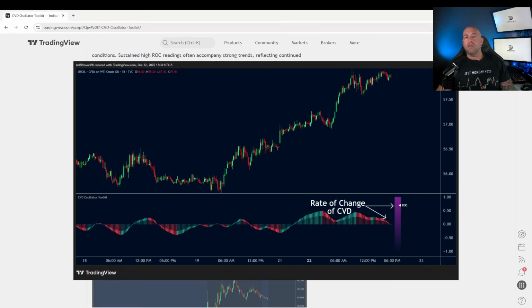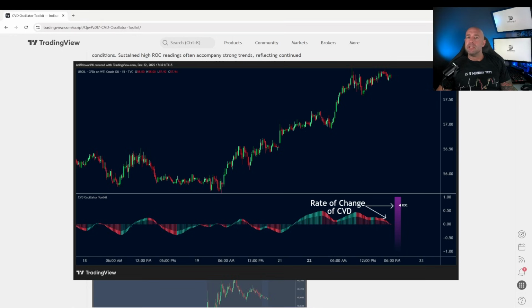We also have the rate of change, or ROC, momentum meter. So the rate of change ROC momentum meter measures how quickly the CVD oscillator itself is accelerating or decelerating. When the oscillator describes directional volume pressure, the ROC meter focuses on a different dimension, whether volume pressure is gaining speed or losing momentum.